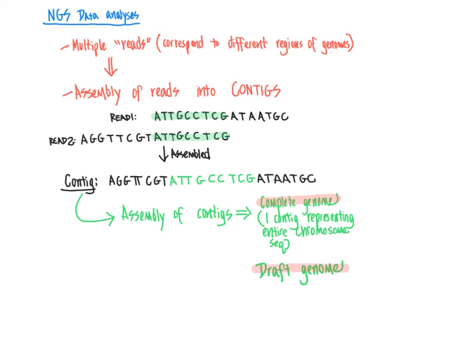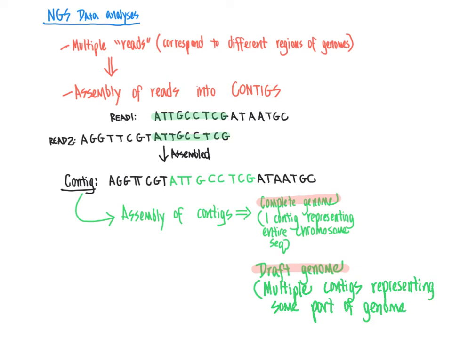In the draft genome, ultimately what we generate is not just one contig that contains the entire chromosome sequence, but instead there's some contigs that can't be linked together because there's no overlapping nucleotide region, and so multiple contigs are present, representing some portion of the entire genome. And depending upon the exact amount of coverage of that total genome, this could represent nearly all of the genome, or it could represent as little as half of the genome, where the other half of the genome had been completely missed.